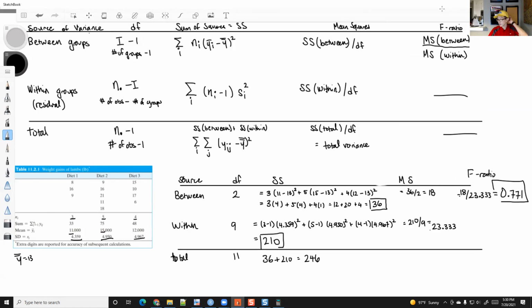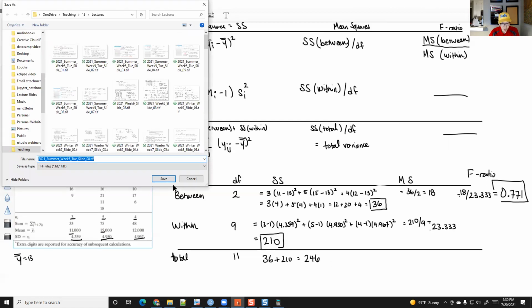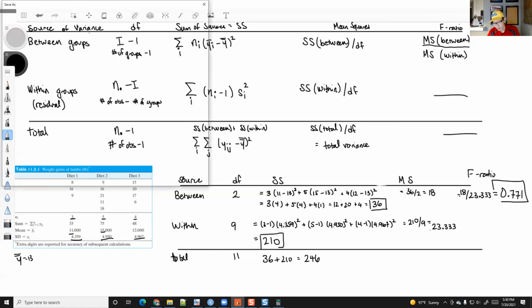Any questions? Thank you guys for catching that mistake where I squared 5 minus 1. I should not have squared it. It's just n minus 1, not n minus 1 squared. So are we good with getting the sum of squares, the mean squares, and the F ratio?